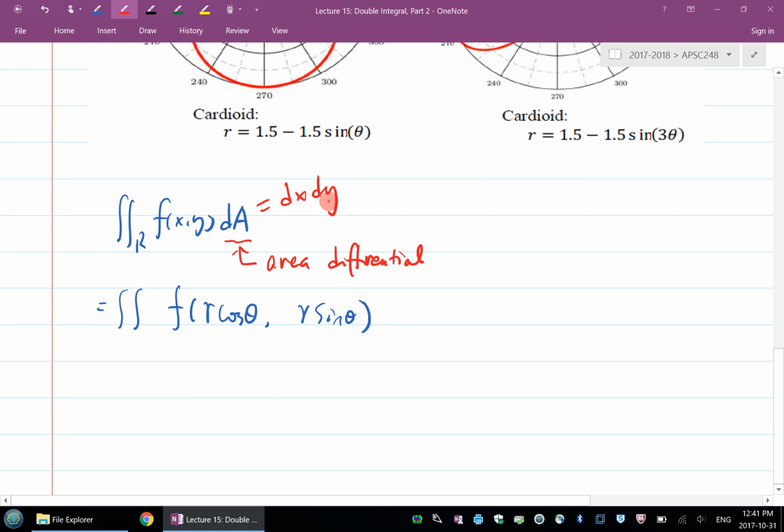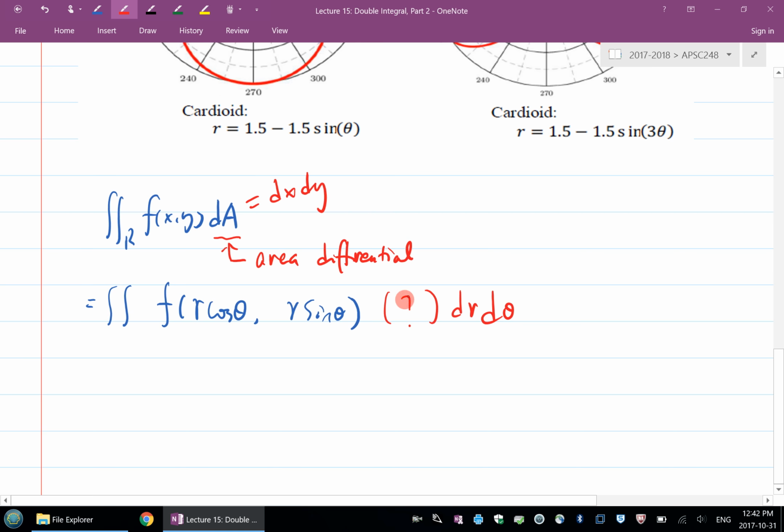So the problem here is, if I change from xy to polar, then naturally, instead of dealing with dx dy, we're probably going to deal with dr d theta, right? But the question is, shall we just directly change the dA from dx dy to dr d theta, or should there be something here to make some changes? That's what we need to figure out right now.